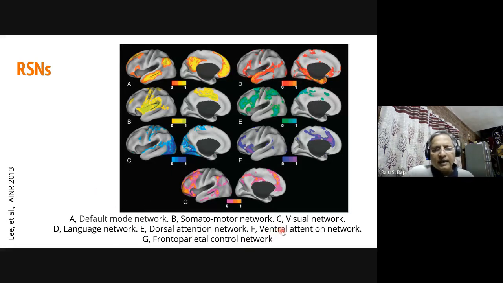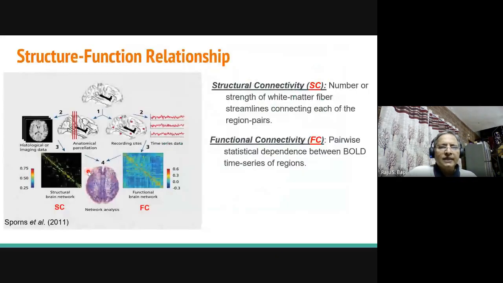The ventral attentional networks are now called salience networks, and the control networks are called the executive networks, and so on. But this finding has been replicated in several labs, in several kinds of patients and ages. People have seen these resting state networks.